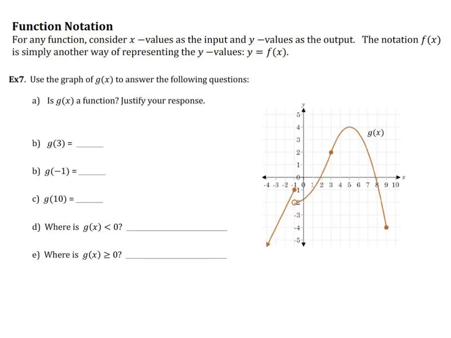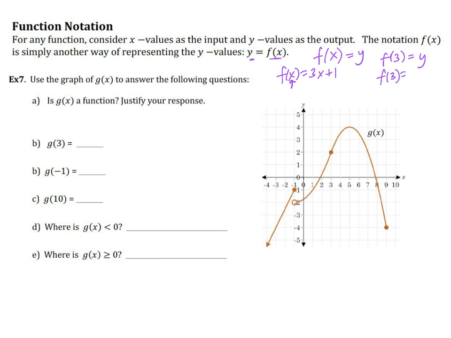All right, new definition, function notation. Again, if you've exposed yourself to an Algebra 1 class or concepts from Algebra 1, then you have definitely already learned about function notation. That's your f of x notation, right? So your y value equals f of x. So it's saying, we're inputting some x value to get a y value as a result. So if I said, hey, the function is 3x plus 1, and I put f of 3, well, this is saying, okay, if we insert 3 for x, then what are we going to get for our y value?